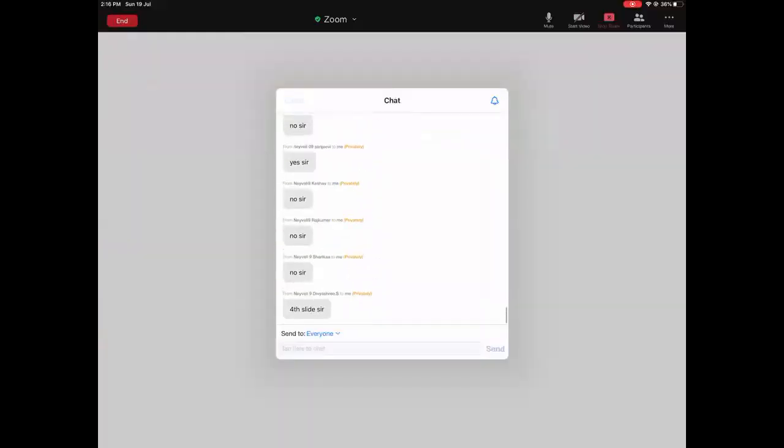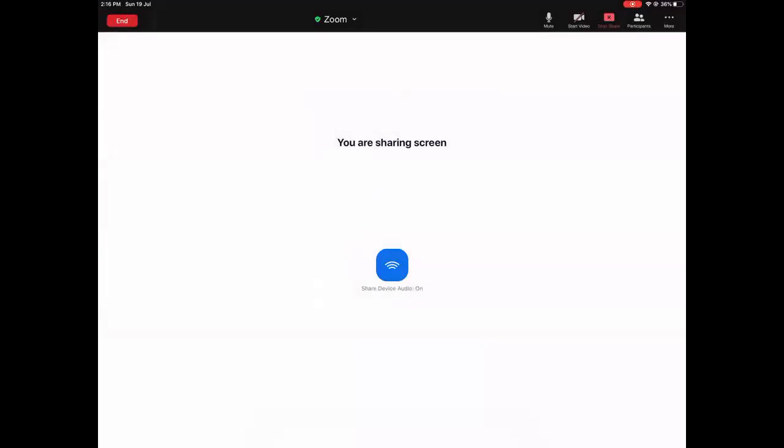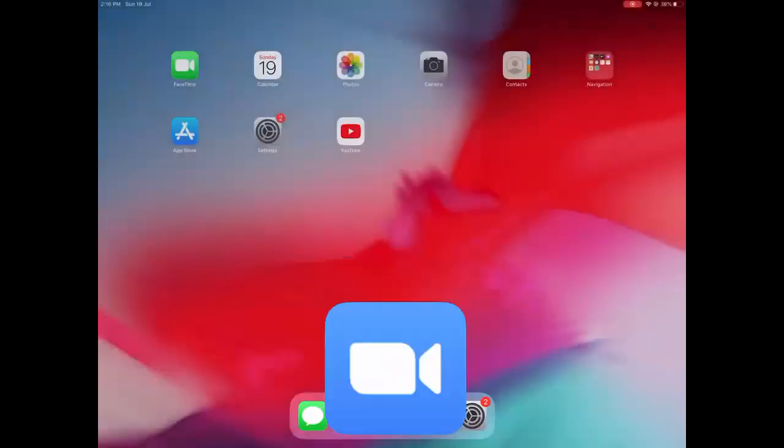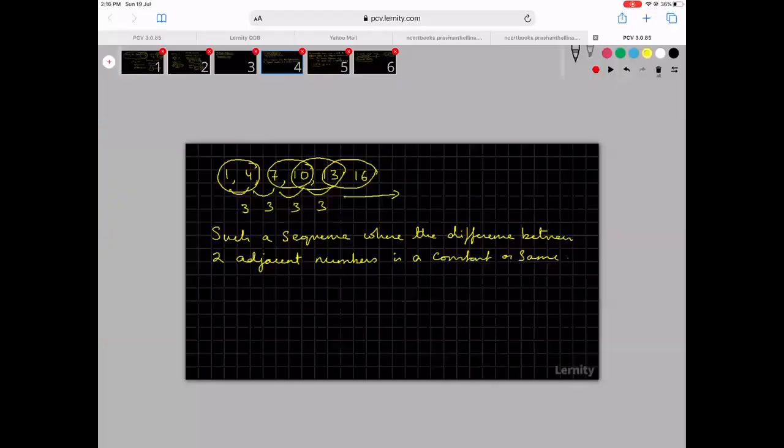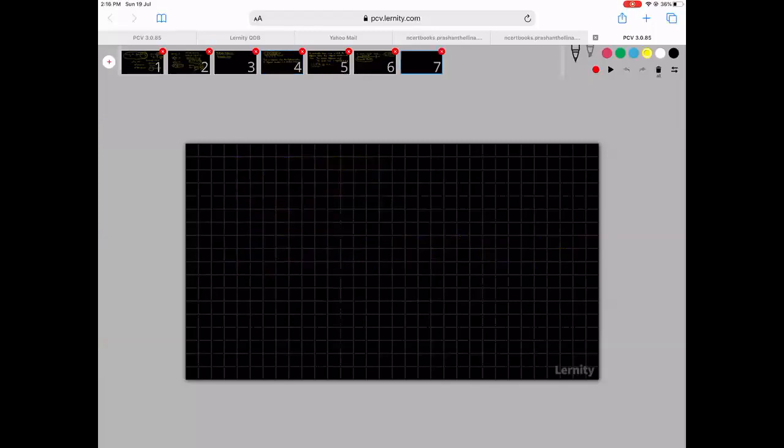Okay, fourth slide. Such a sequence where the difference between two adjacent numbers is a constant is called an arithmetic series. Okay, so I'll explain again.